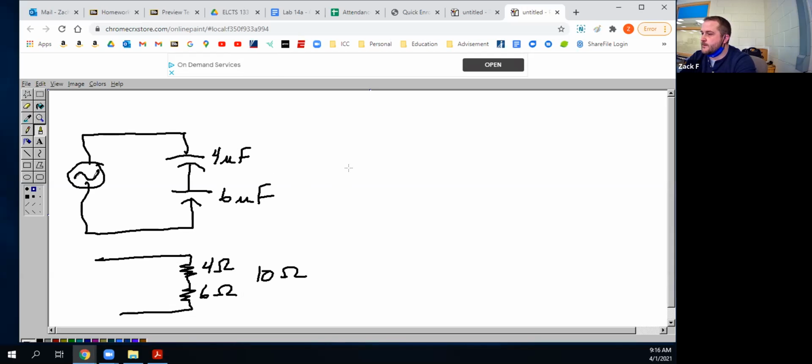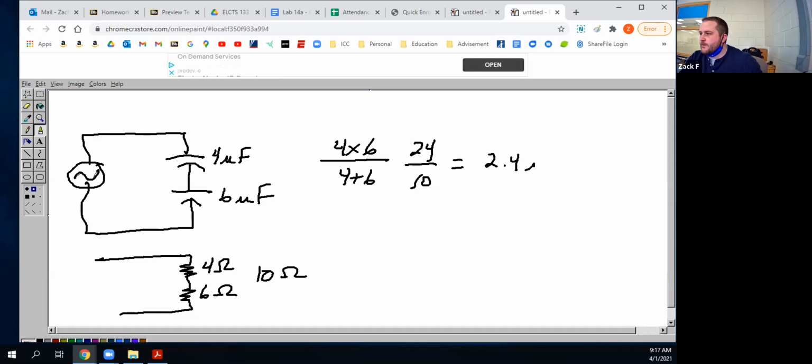So it would be 4 times 6 divided by 4 plus 6, which is 24 divided by 10 equals 2.4 microfarads. Right?